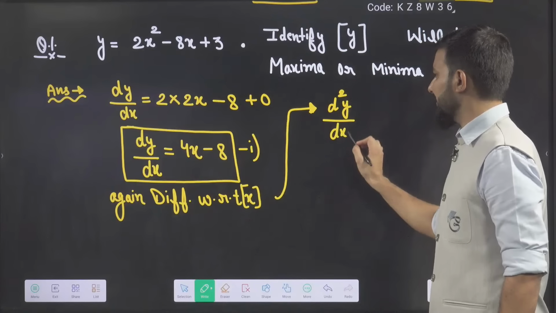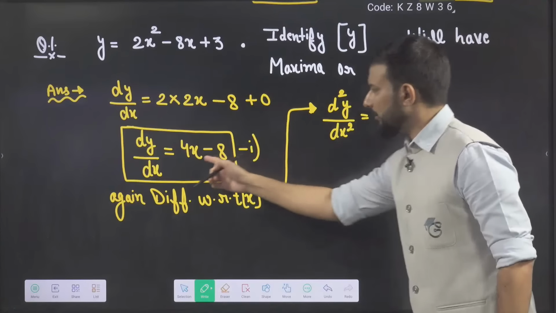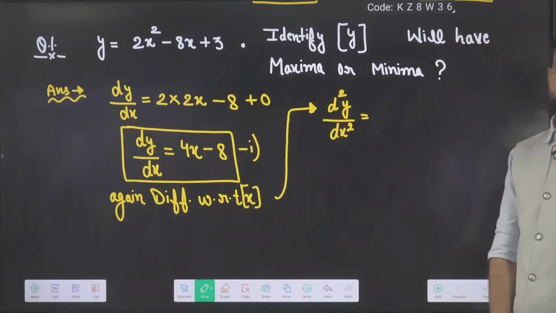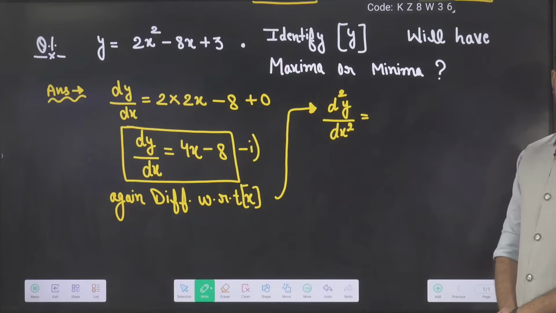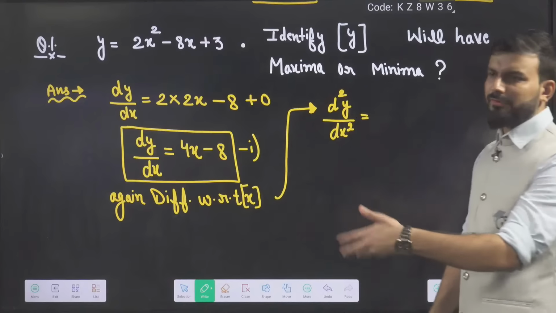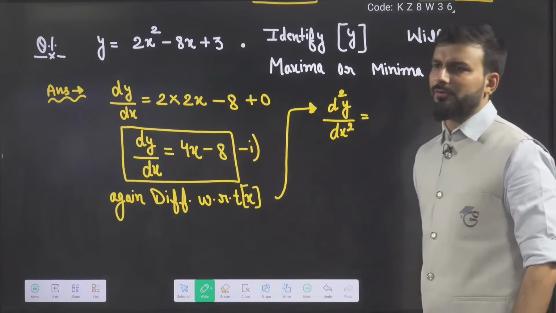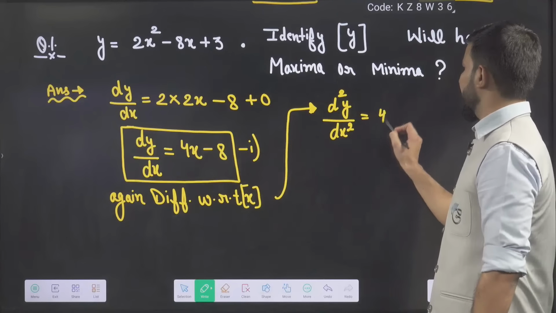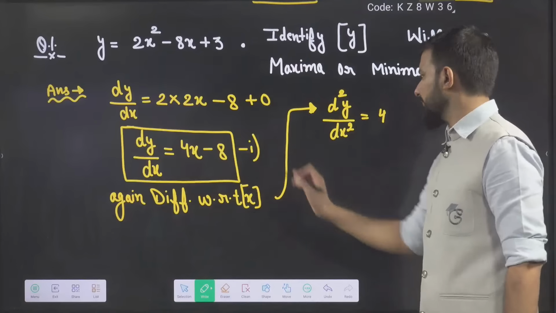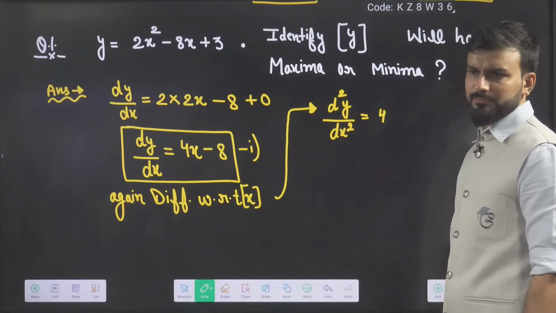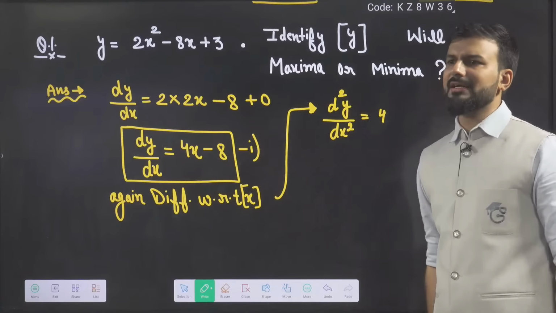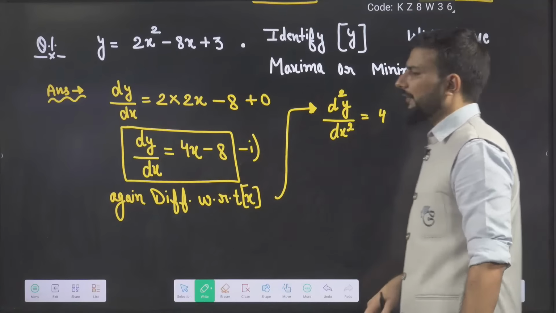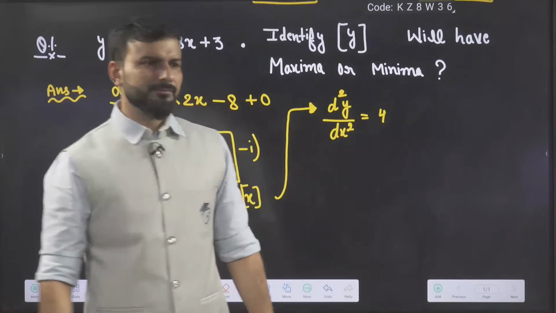This is how we write the double differentiation. Means I need to differentiate this again. The differentiation of 4x is 4. The differentiation of 8 is 0. Everyone is getting double differentiation 4, yes or no?